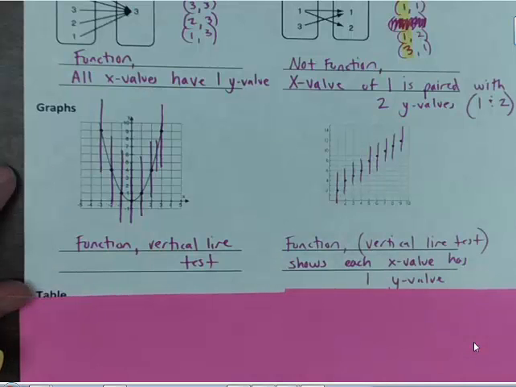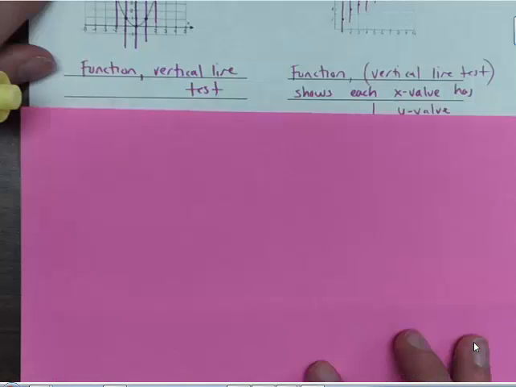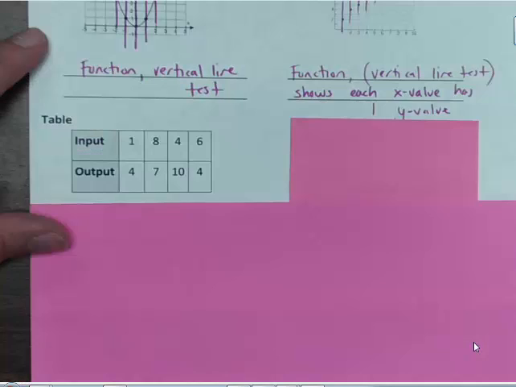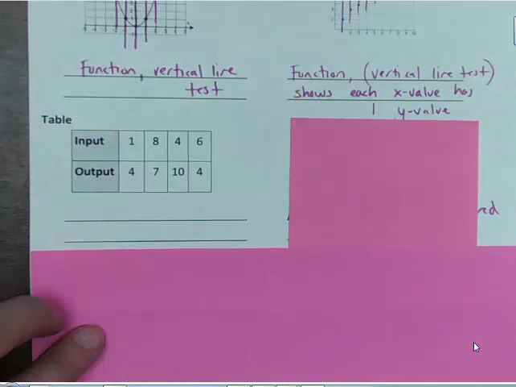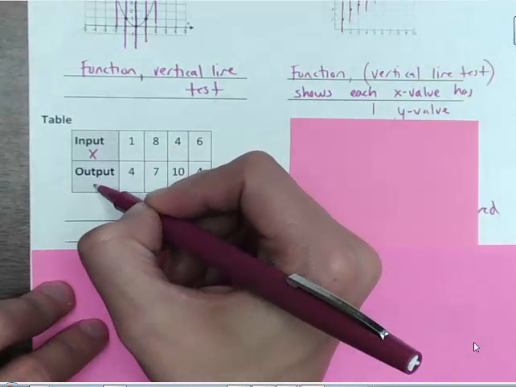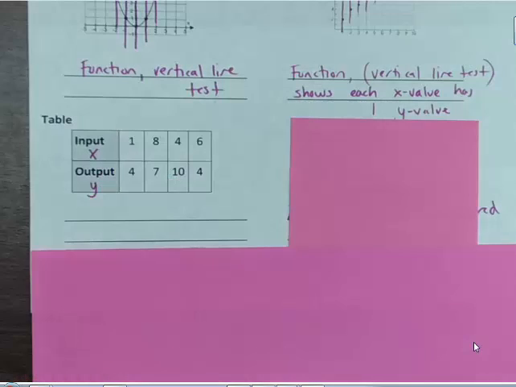Okay, our last way that STAR is going to ask us how to identify a function or not from is our table. So looking at this table, I have my inputs, which remember are my x's, my outputs, which are my y's. And I need to see if it forms a function or not. So I'm looking for if all the x values have one y value.